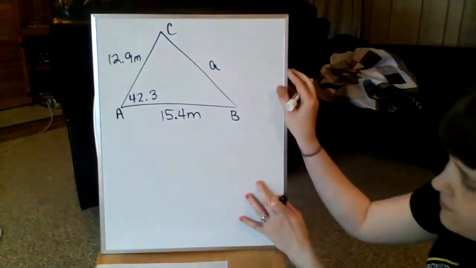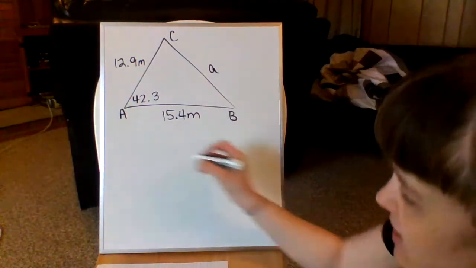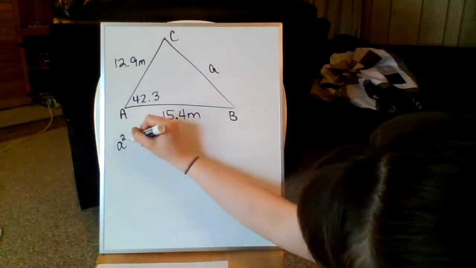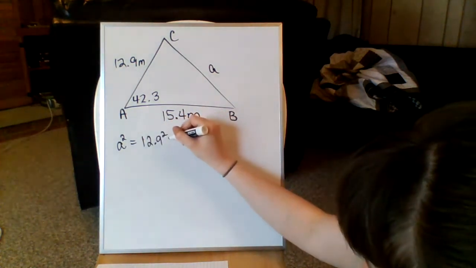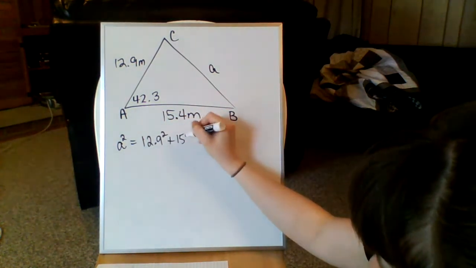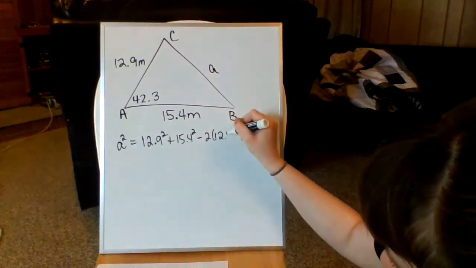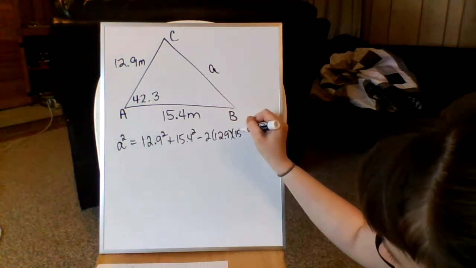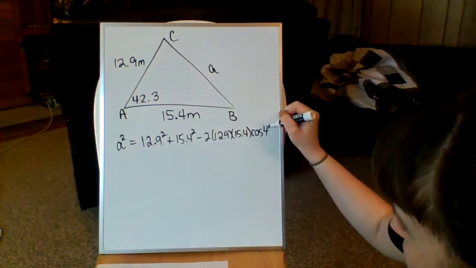Here's your triangle. So this time we're trying to find side A, right? So here we go. A squared equals 12.9 squared plus 15.4 squared minus 2 times 12.9 times 15.4, and then cosine 42.3.